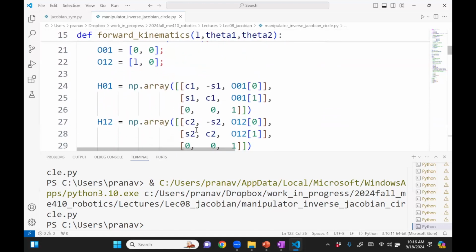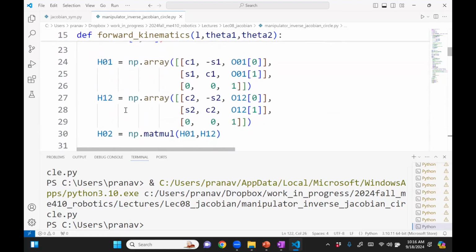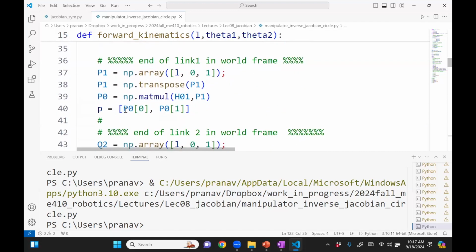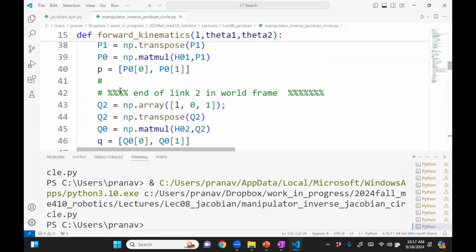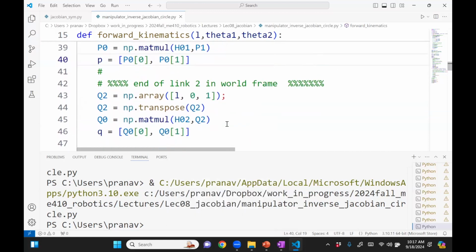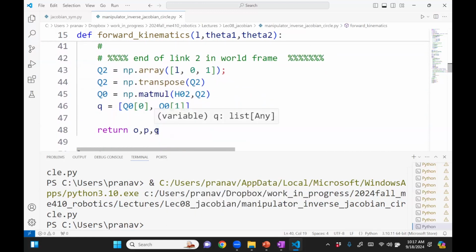There's nothing new here. It basically uses the homogeneous transformations H0 and H12, and it eventually outputs the position of point P and Q, Q being the end effector. It returns O, P, Q, where O is the origin, 0, 0, the shoulder, P is the elbow, and Q is the hand.